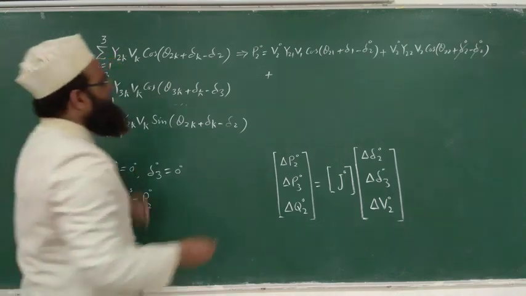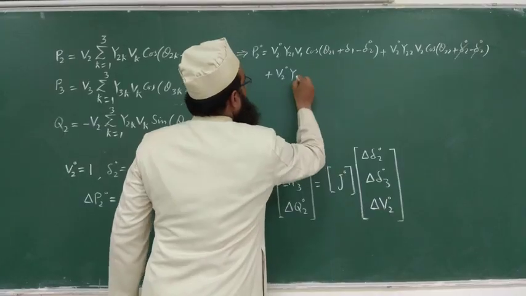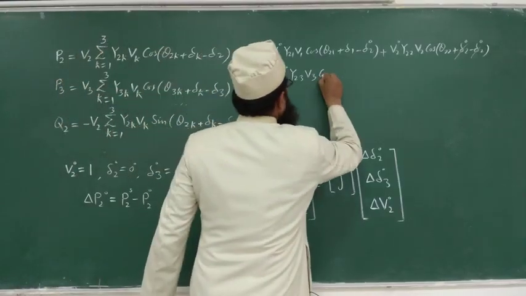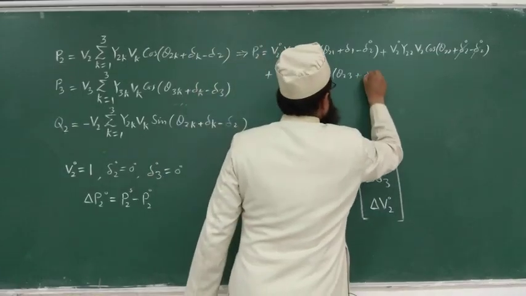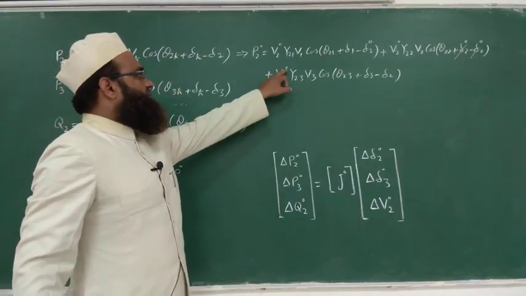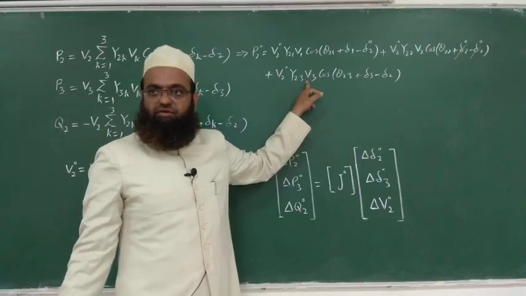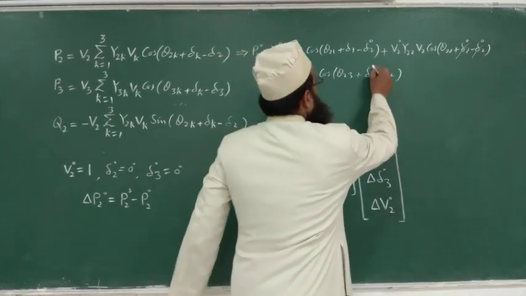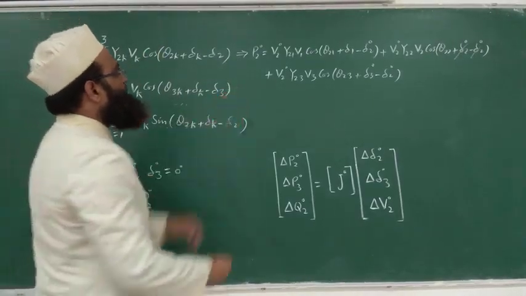So for 3, write V2 0 Y23 V3 cos of theta 23 plus delta 3 minus delta 2, just check it. So this is variable, hence put 0 here. This is not variable, this is a specified quantity, as bus number 3 is PV bus, right? This is variable and this is also variable. So substitute the values and first calculate the value of P2 0.